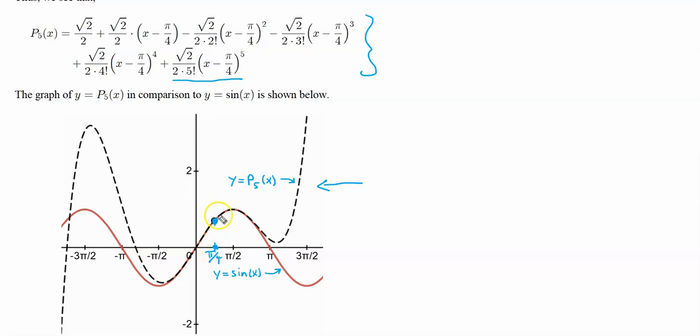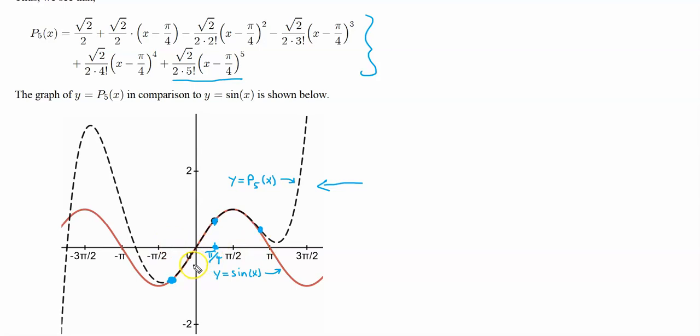Notice how the polynomial P5 does give a good approximation to the sine function in a small interval around pi over 4. So notice it does start diverging right around this point. And then if we go back to the left, it starts diverging around here. Notice you sort of have a symmetry around pi over 4 as far as the distance of your divergence goes.